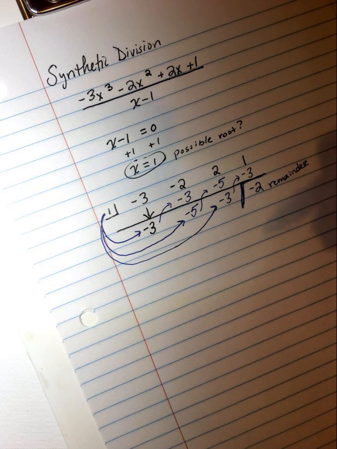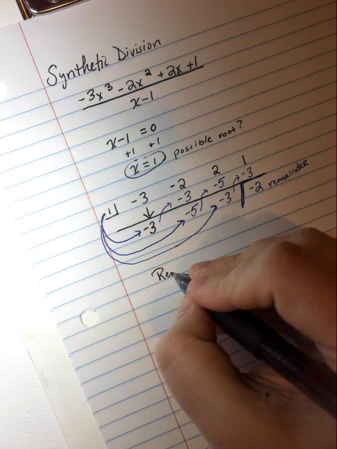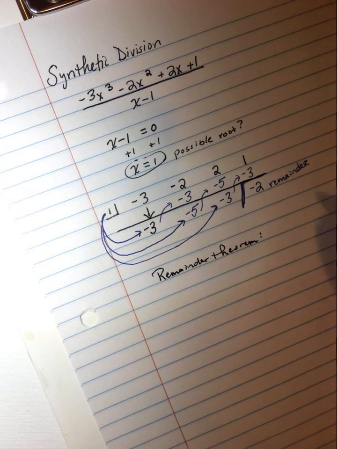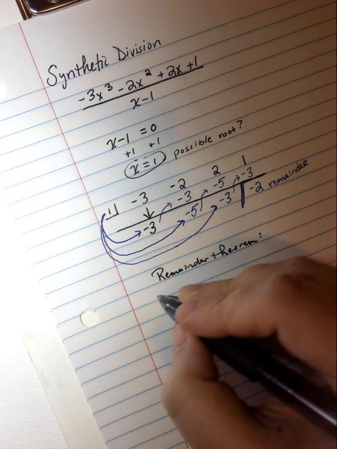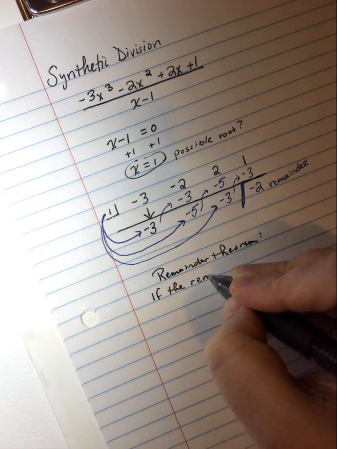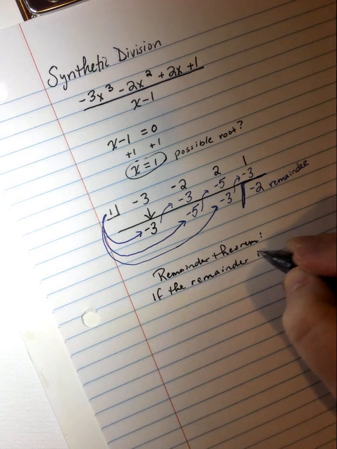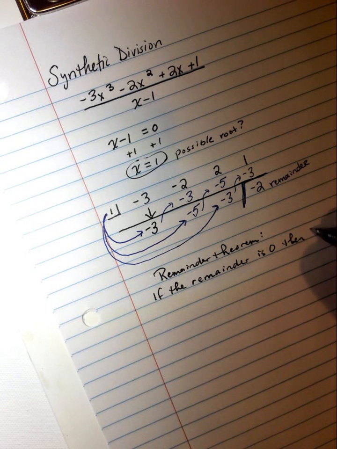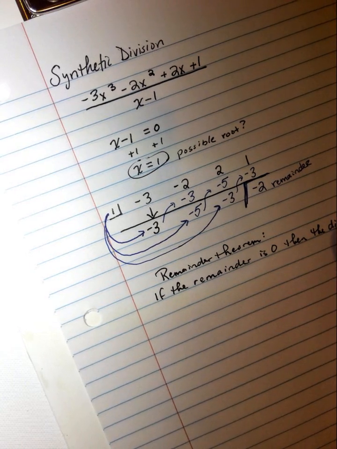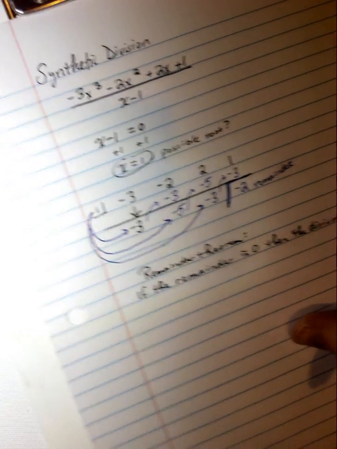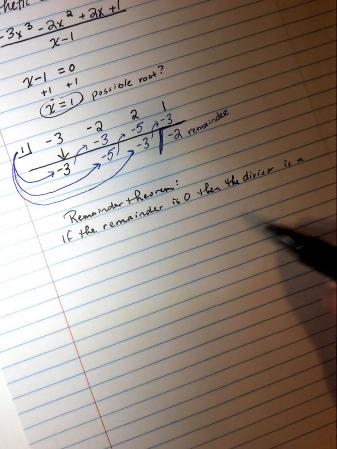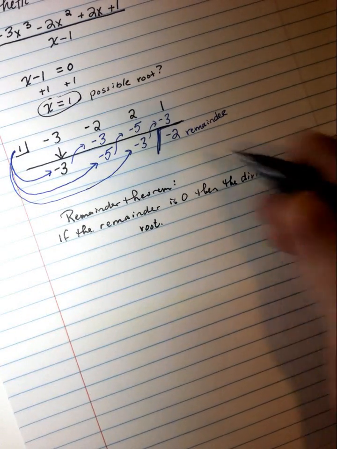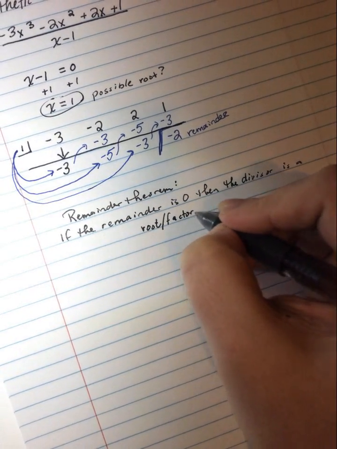Okay, so according to the remainder theorem, if this last number is a 0, so if the remainder is 0, then the divisor is a root slash factor, depending on what you're looking at.